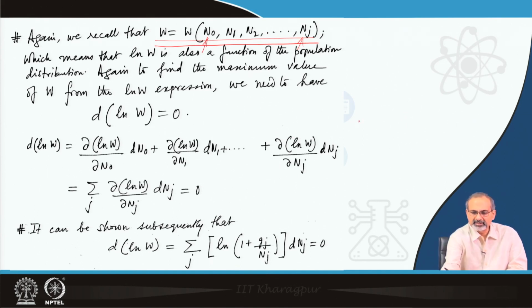Again, by using the chain rule, you can express the differential of log W in this form, where partial derivatives of log W are taken with respect to the different entities n0, n1, n2, etc., multiplied by dn with the given subscript, and then you sum them up and they should go to 0.